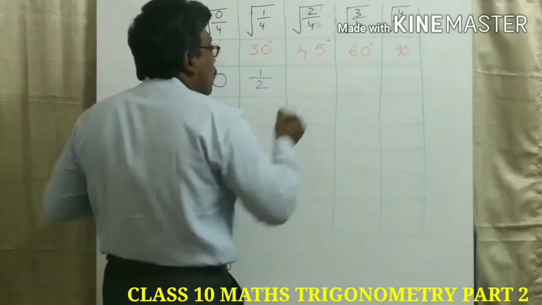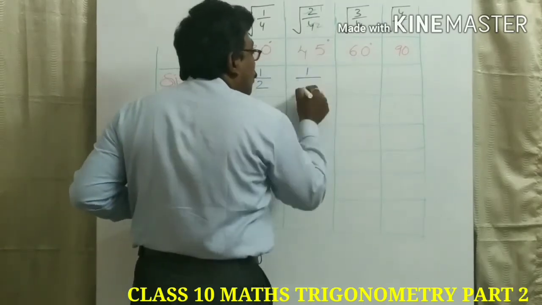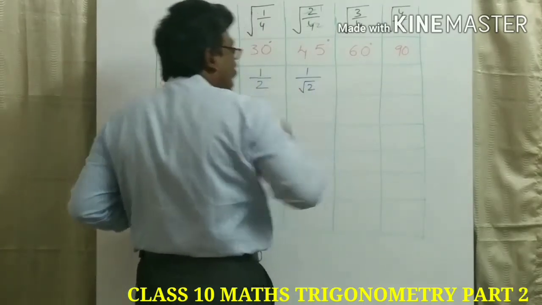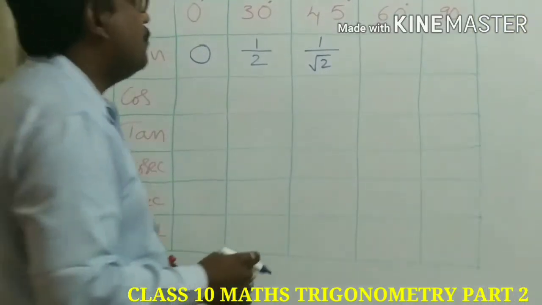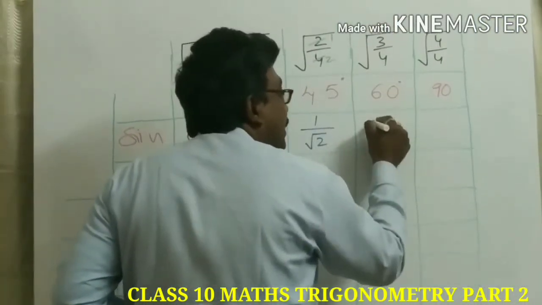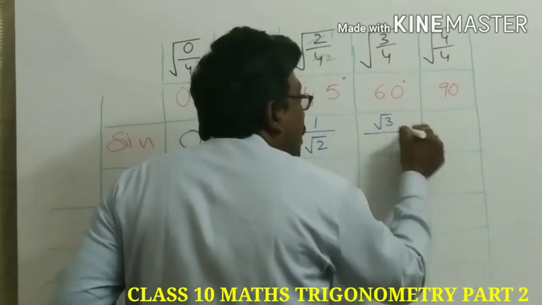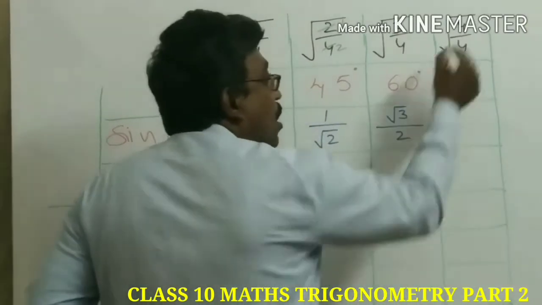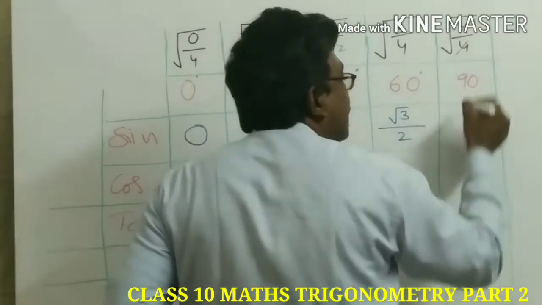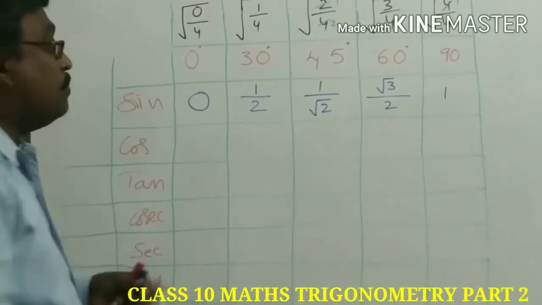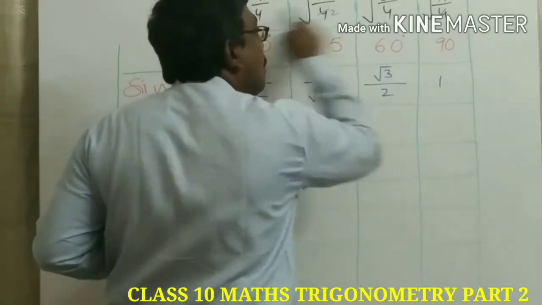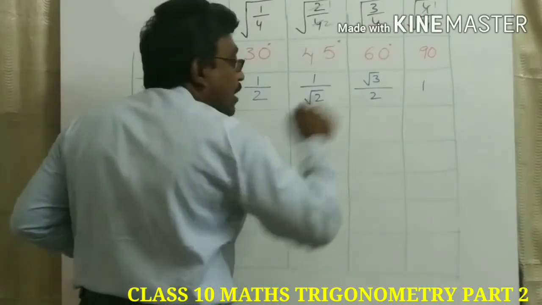Root 1 is 1, and root 2 we cannot find, it's an irrational number. Root 2 is irrational. Now 3, that is root 3. Root 4 is 2. 4 by 4 cancels to 1, root 1 is 1. So by using this, I completed the sine row.